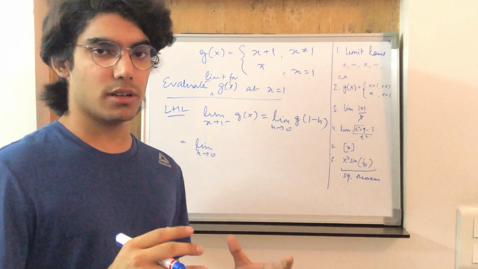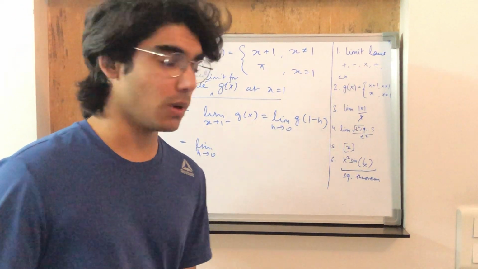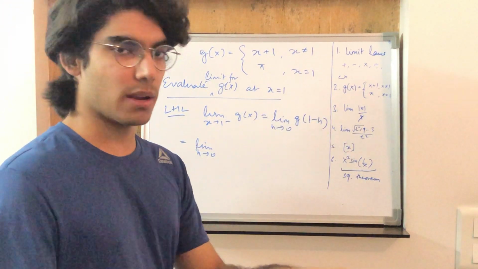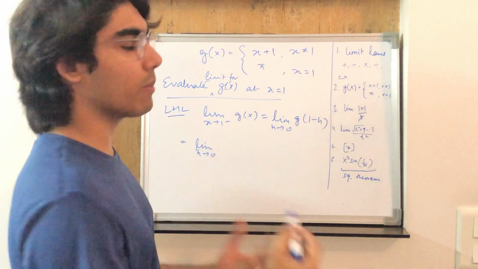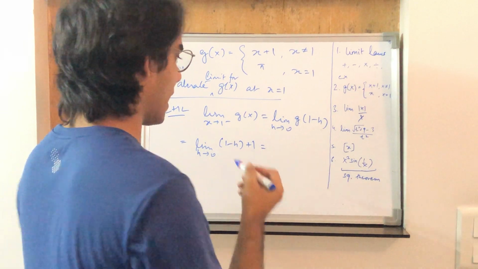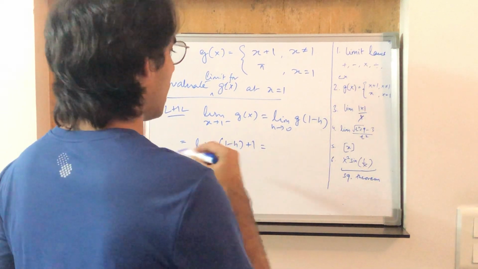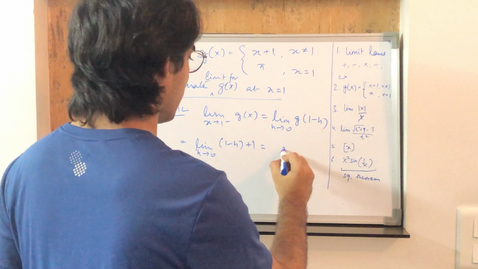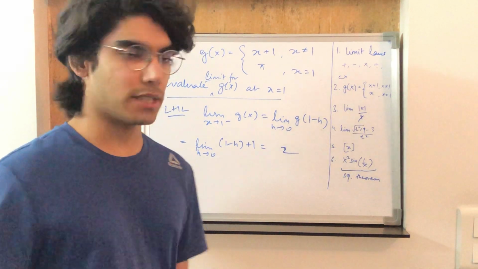It's not equivalent to 1, right? x does not equal 1. This means that I'm going to take the x not equal to 1 value. So when I plug in 1 minus h in the function, I'm going to get 1 minus h plus 1. And I plug in h is 0. I'm just going to get 2. Right? That's the value I get.